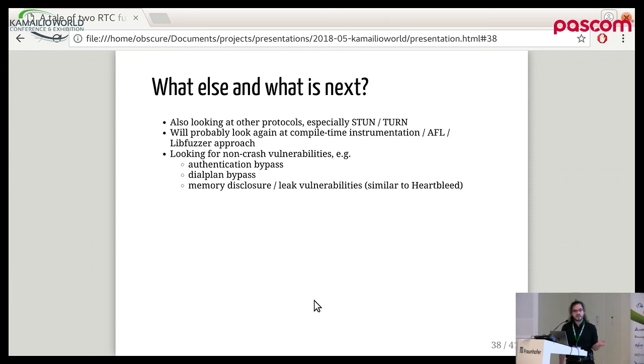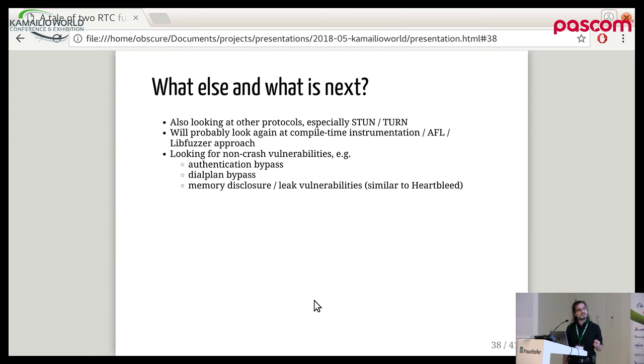So what's next? Well, we're looking at other protocols, of course, because just looking at SIP is good, but it's boring to stick to just one protocol. So we're looking at STUN, which brings us to the WebRTC world. We'll probably look again at the first approach. Having gained a certain amount of knowledge, I think we should definitely invest a bit more time there.